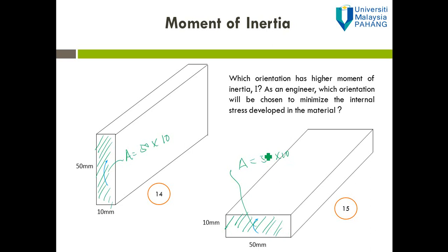Now let me ask you one question. As a future engineer, which orientation, this one or this one, will be chosen to minimize the internal stress developed in the material? Let's say the beam is subjected to the same magnitude of M. Let's say this is M1, and beam 15 is also subjected to M1, the same magnitude of bending moment.